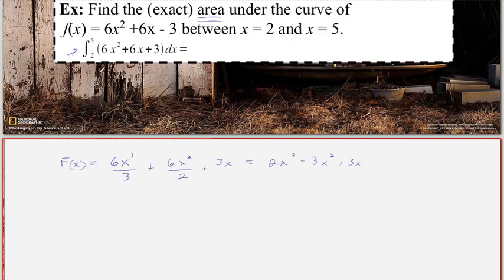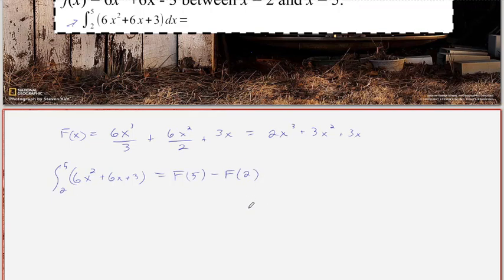And now, if I want the area between 2 and 5, pretty simple at this point: plug in 5 into my antiderivative and subtract what we get if we plug in 2 into my antiderivative.